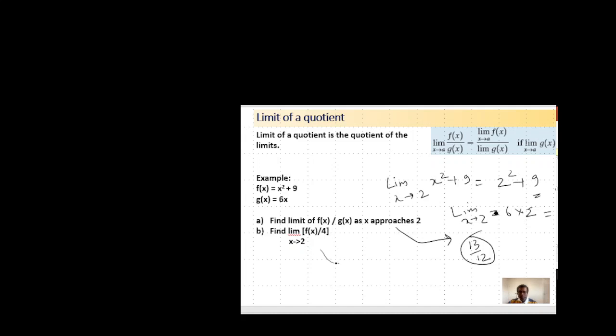There is another example where one of the functions is a constant value. In that case, a similar law can be applied. So f(x), when x is approaching 2, is 13. We calculated it here, and we are dividing by 4. So the answer for this one will be 13/4.